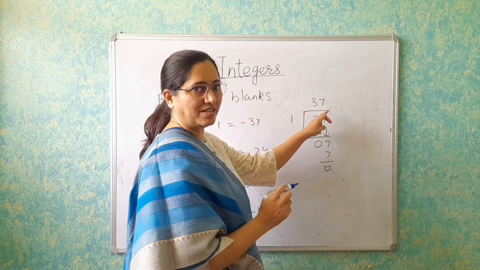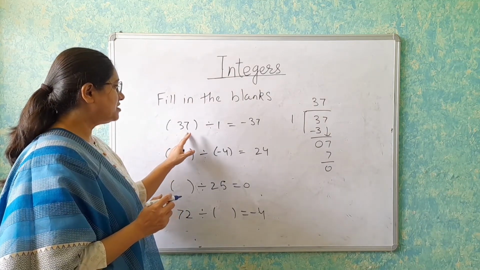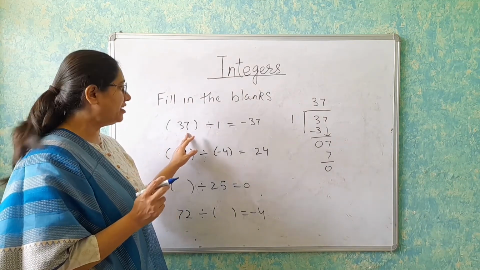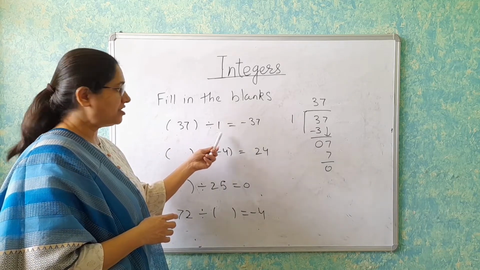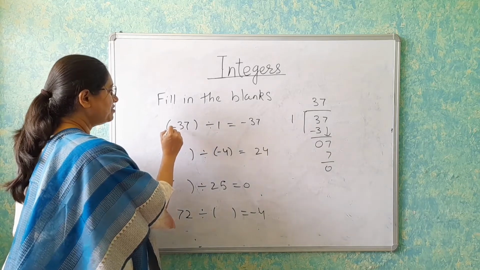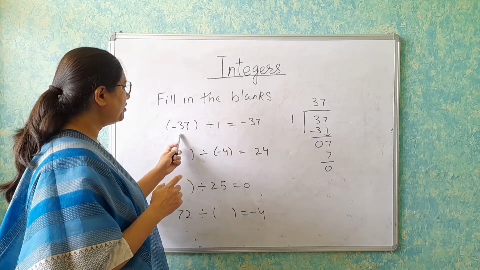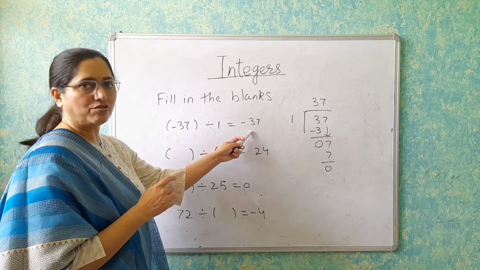That's why our answer is 37. But now we have to decide whether this 37 is positive or negative integer. 1 is a positive integer but our answer is negative. It shows that 37 is also negative because the division of a negative integer with a positive integer is always negative.